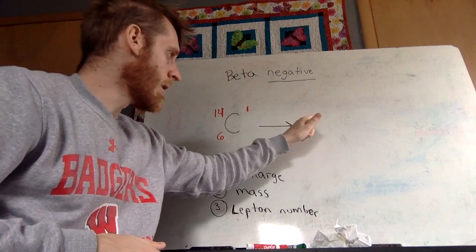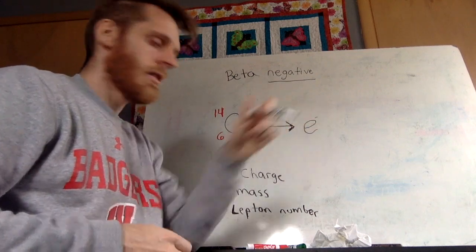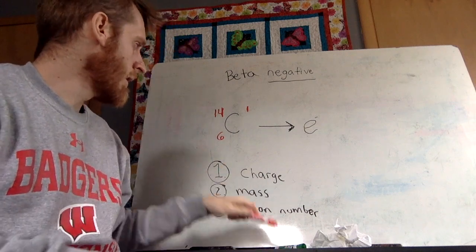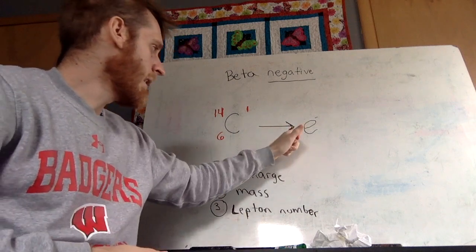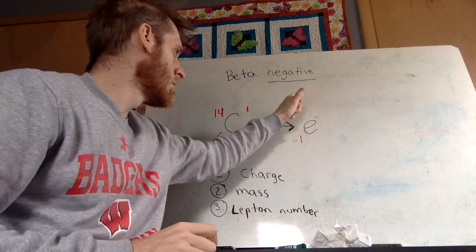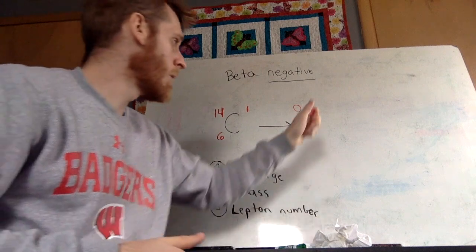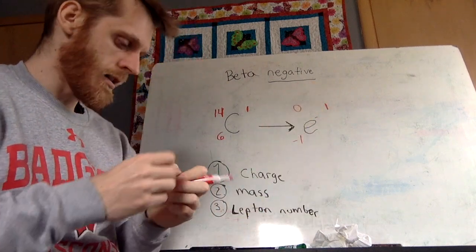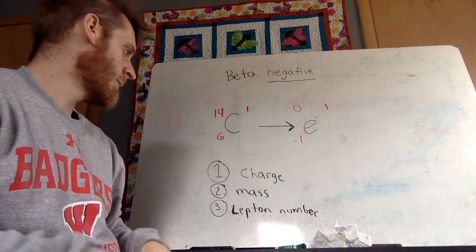But I'm going to write down an electron, use a negative sign next to it, and fill in the information for an electron. Now, an electron has a -1 charge, a mass of essentially 0, and it's a particle, so we're going to put a +1 for the lepton number. So then, I'm going to go through and figure out what this makes.